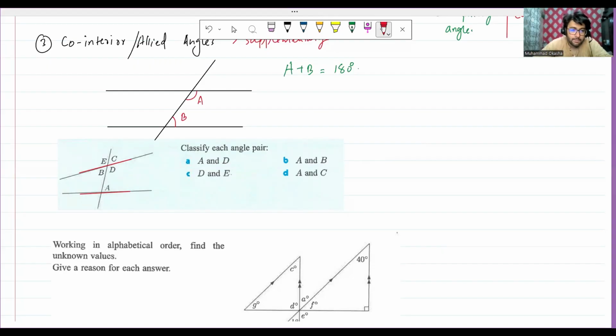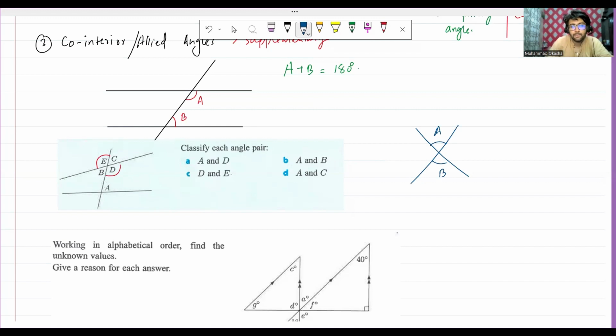But what I can do is angle A and D. Angle B and C, I can say that they're vertically opposite angles. D and E, yes, they're vertically opposite angles. Do you see these angles? If you have a cross, then angles on the opposite sides of the cross are called vertically opposite angles.